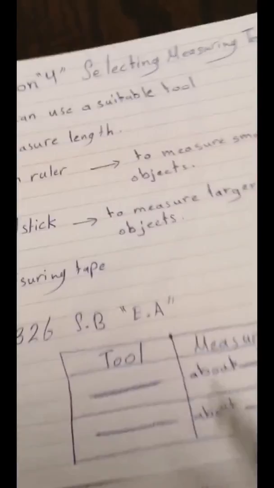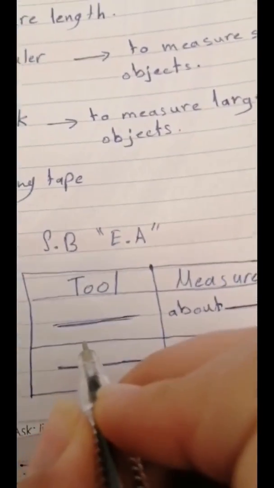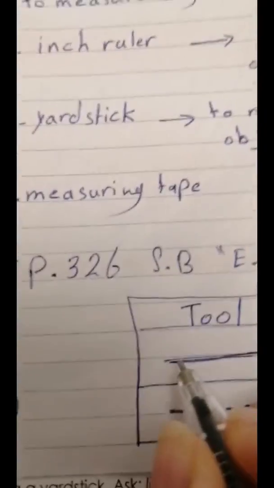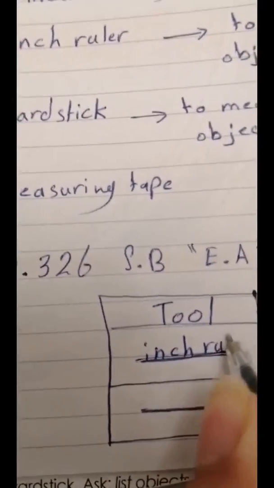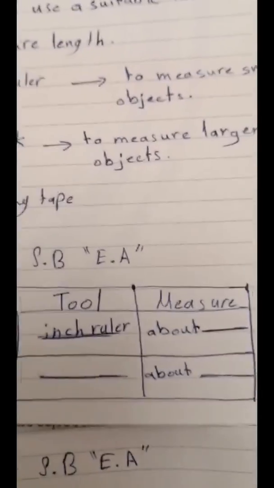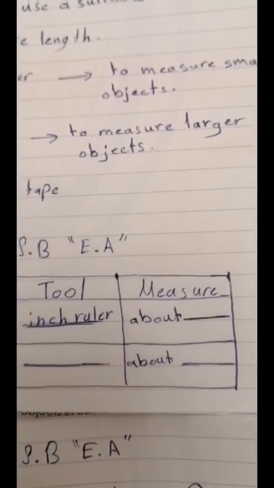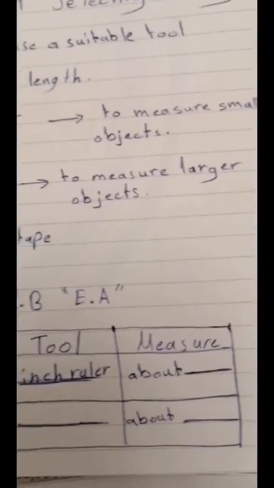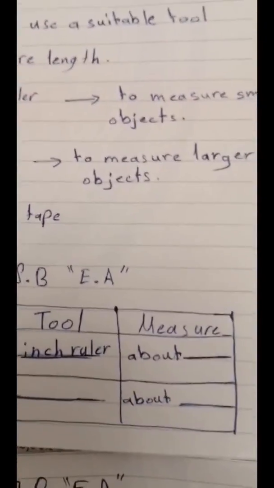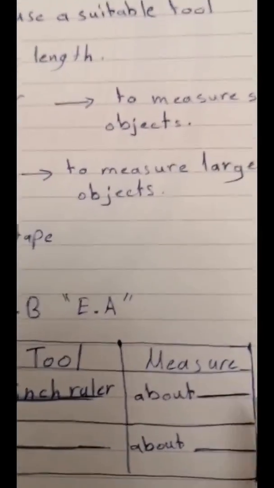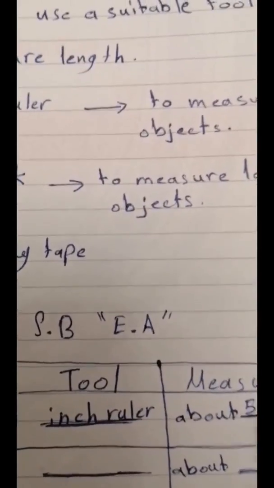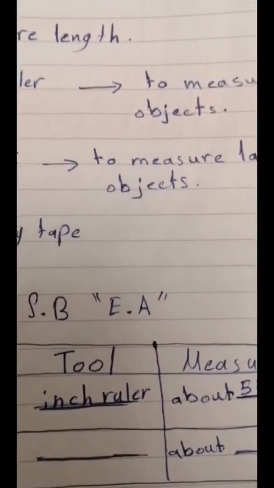So here, the tool that we use to measure our hand is the inch ruler. If you use the inch ruler and you measure your hand, it's about 5 inches.